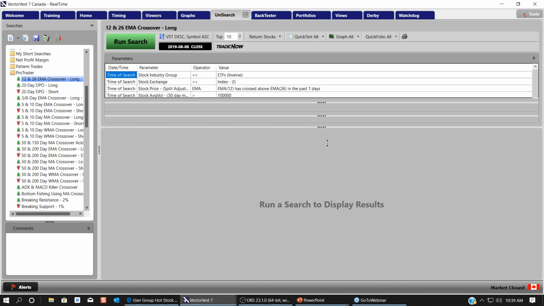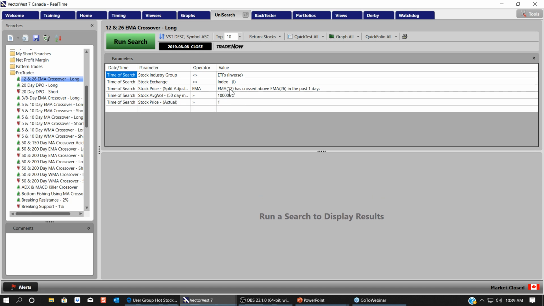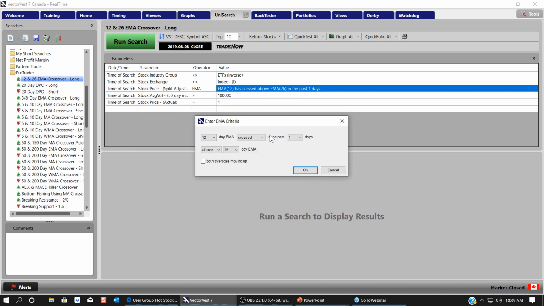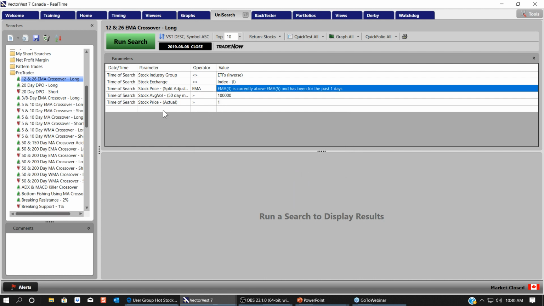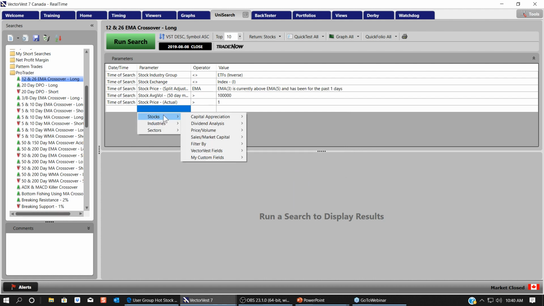Okay. So you could do some manipulation in here. For example, the 3 crossing, or what I would actually use is currently above maybe the 5. And then you could just keep going down the list.